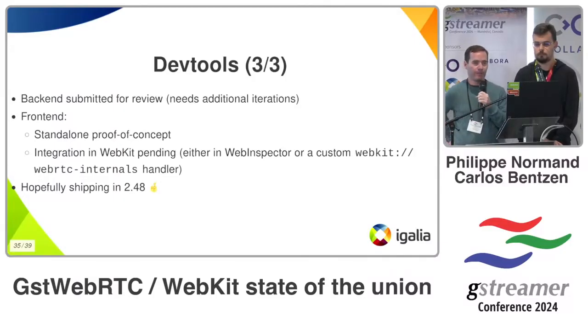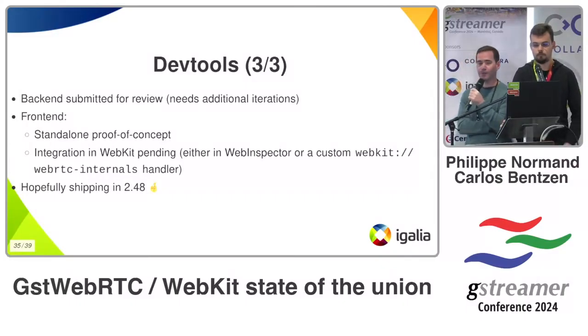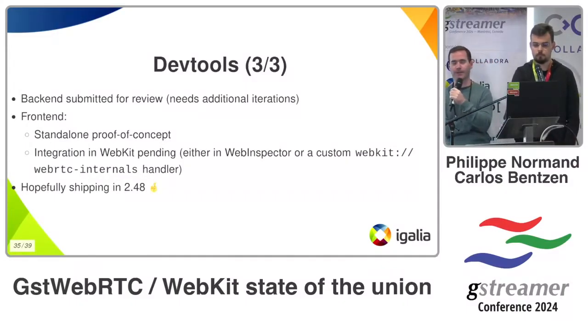So we have a full standalone web page that I just showed on the previous slide. And we could integrate that page into WebKit as well using a custom protocol handler, or even with the web inspector. We're still up in the air as to which approach will be used exactly. And we hopefully plan to ship that in March in 2.48.